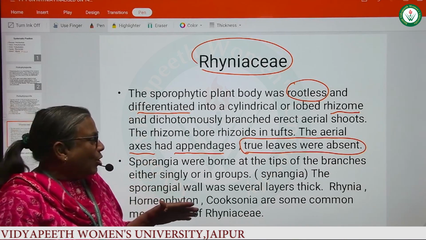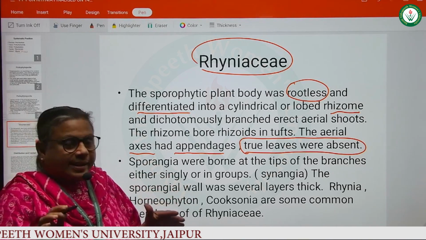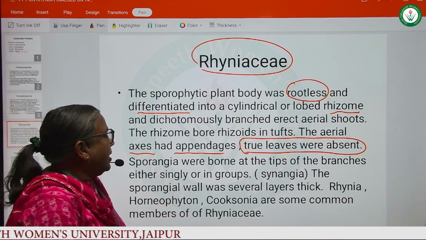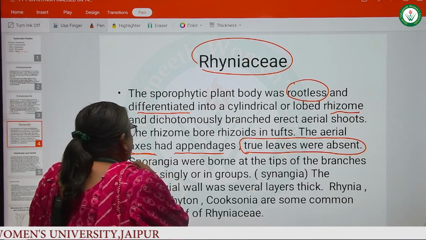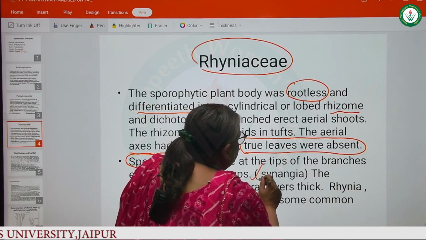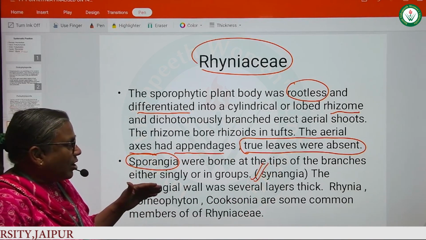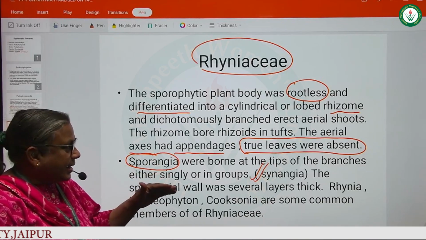Sporangia were borne at the tips of the branches, either singly or in groups, and when the sporangia are borne in groups, they are called synangia. The sporangial wall was several layers thick.